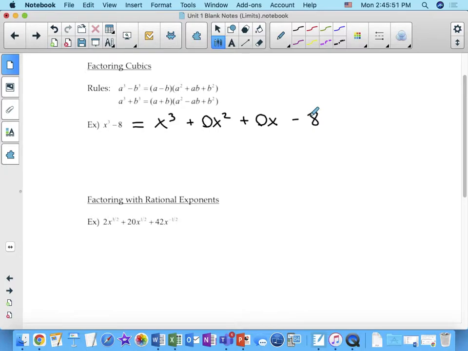Okay, and then with synthetic division, I'm going to make this upside down division line. And if I think that x minus 2 is a factor, I'm going to put a positive 2 over here.